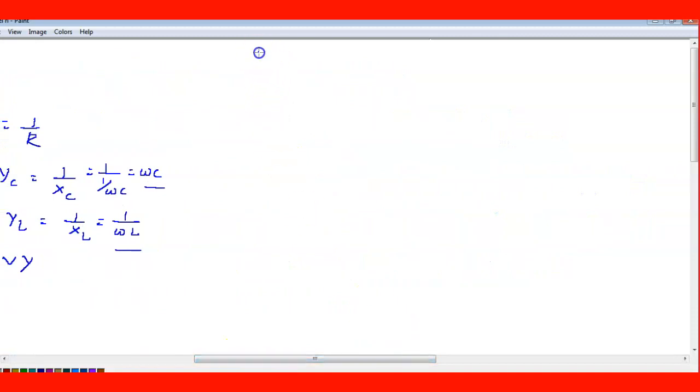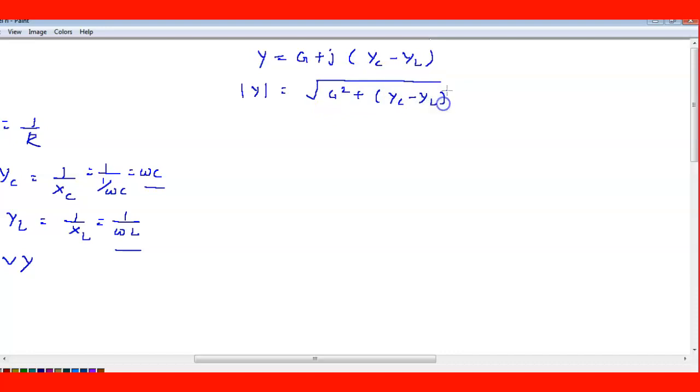So Y is equal to G plus J into YC minus YL. If you find the magnitude here, you will get the square root of G square plus YC minus YL whole square. And the angle is tan inverse of YC minus YL upon G.